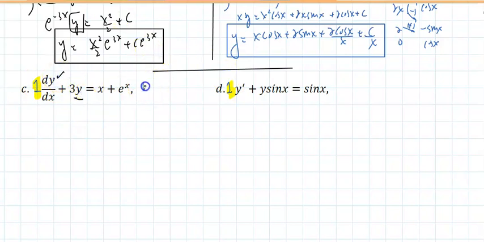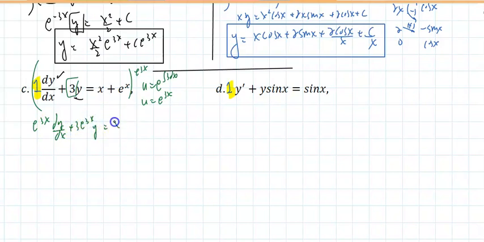I'm going to let u equal e to the integral of 3 dx, so u is going to equal e to the 3x. I'm going to multiply this by e to the 3x. That will be e to the 3x times dy dx plus 3 e to the 3x times y equal x e to the 3x plus e to the 4x.